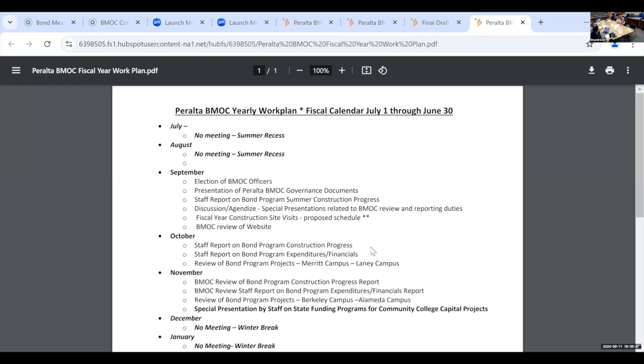So to see something like this and say, okay, this is what we're going to be tasked with potentially as a framework, I think that's very helpful. It can be changed, and when you meet can be changed depending on the body and what their schedules are and what works for everybody. So I think it's helpful in that way. And there was one other point I had, but it's escaping me right now.